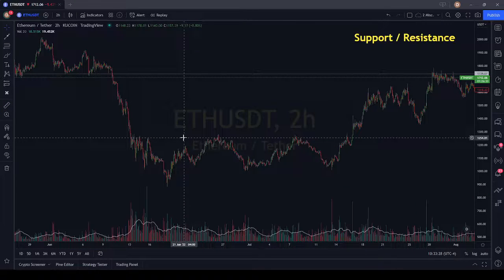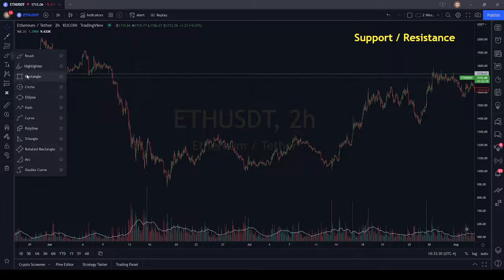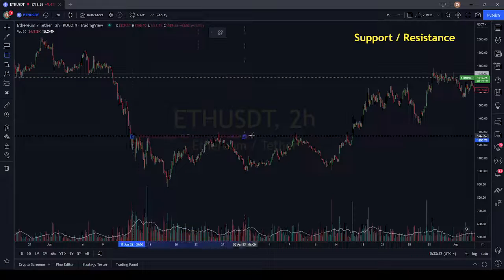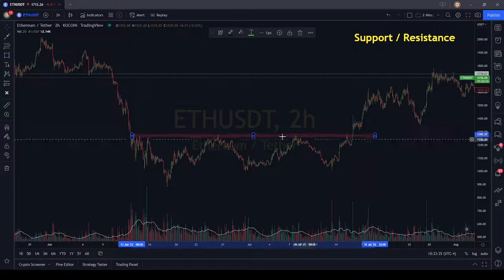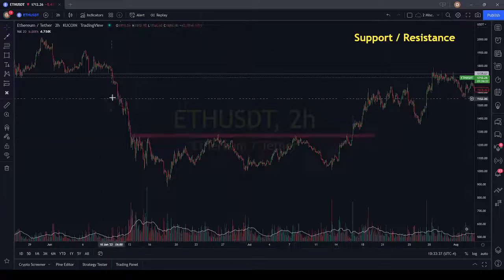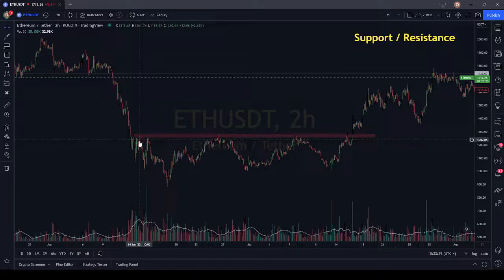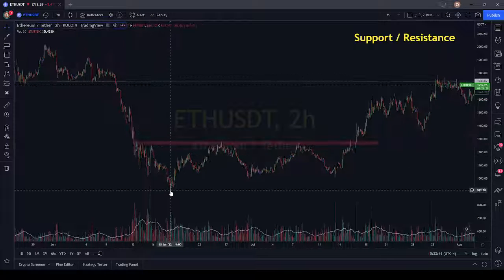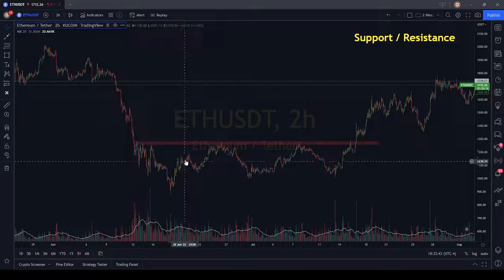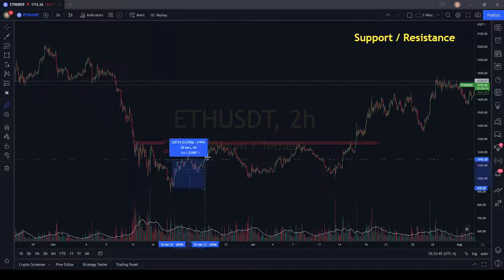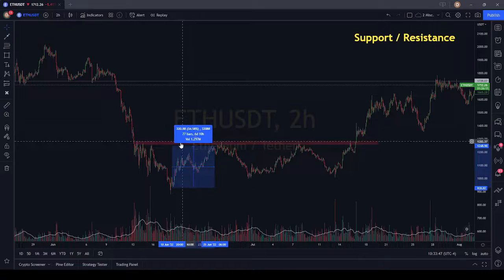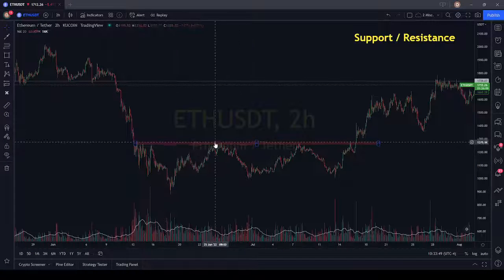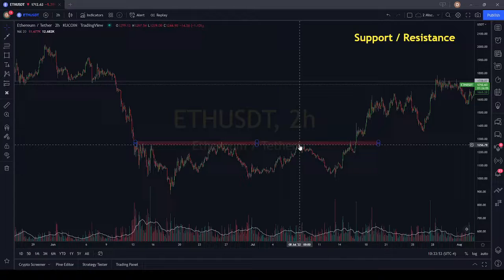But what we have is already a support or a resistance band right here. As soon as the price came down, tested that, it drove lower and actually had a big reversal. This is a 35% run up and it gets reversed at the same spot again. Goes the other direction. Same spot again.